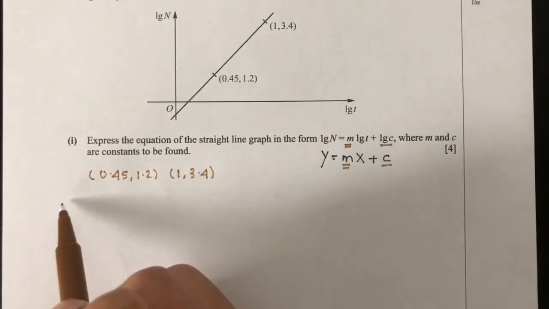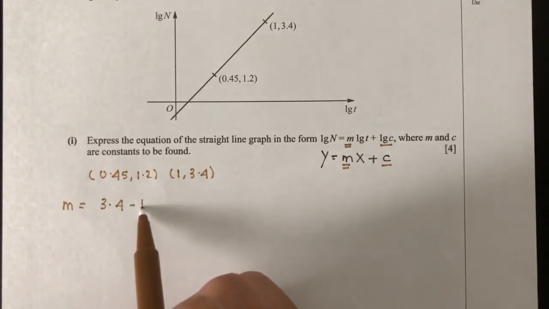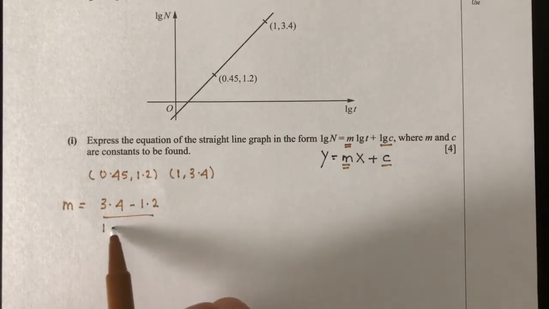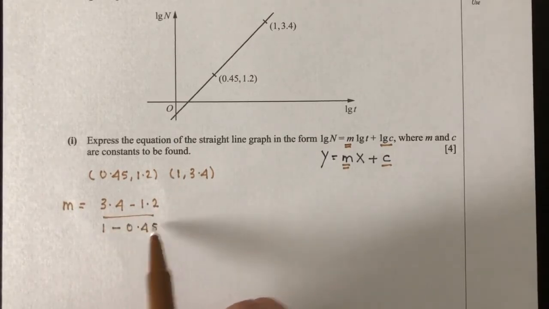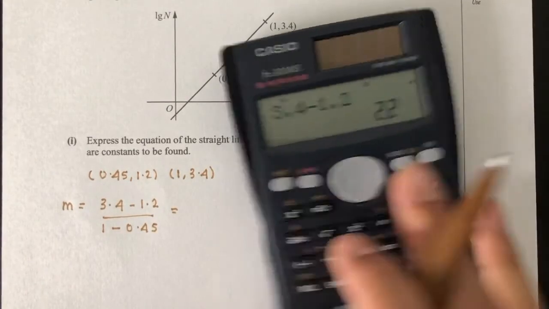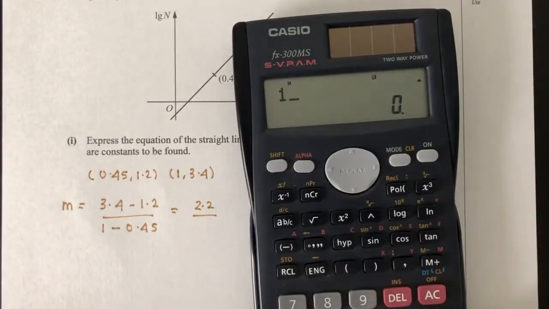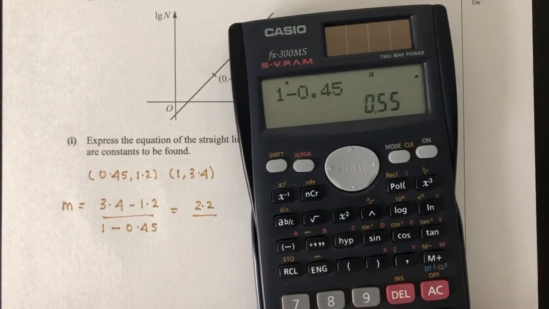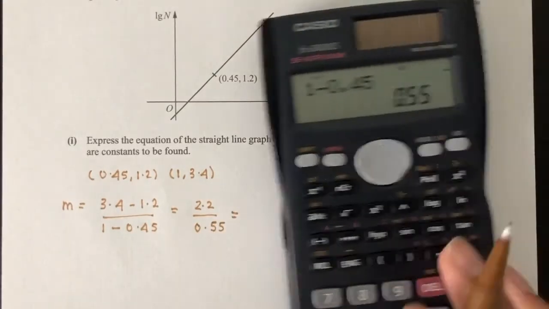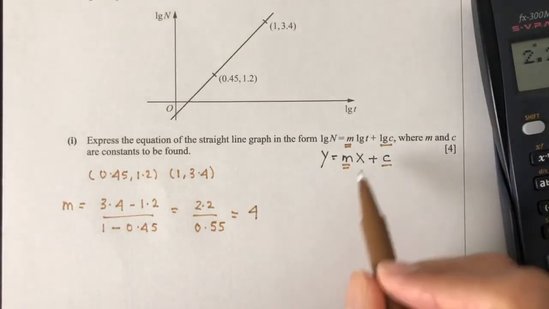So m is equal to y2 minus y1 over x2 minus x1. So 3.4 minus 1.2, that will be 2.2, divided by 1 minus 0.45, that will be 0.55. Now simplify, 2.2 divided by 0.55 should be 4. So the value of m will be 4.